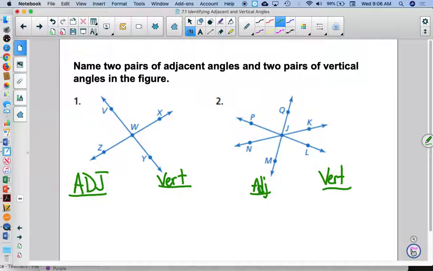They do not share a side, they have to share a side. So ZW what? ZWY, because they would share that part. Okay, so we need to listen to you. Make sure you use the symbol for angle, otherwise you just got a bunch of letters there on your paper that mean nothing.